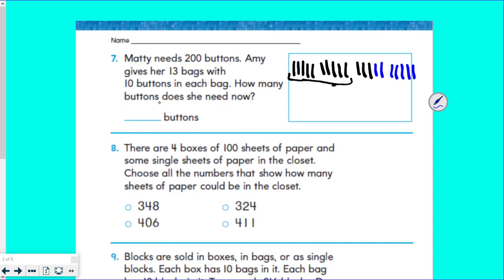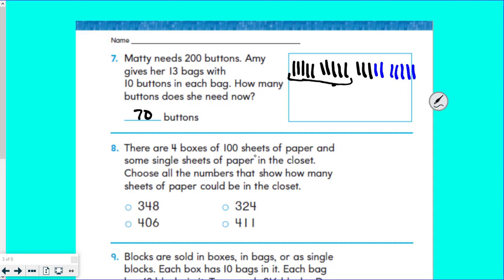Okay, so how many buttons does she need now? So let's see, we added 1, 2, 3, 4, 5, 6, 7. Right, 7 tens though, so 10, 20, 30, 40, 50, 60, 70. So she needs 70 more buttons to have 200 buttons.